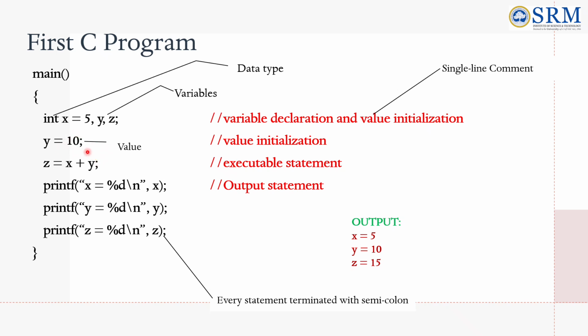Here we add two numbers and get the sum. Say 5 plus 10 added, we get 15 as answer, and this is stored in another variable named z. So to add two numbers and get the answer, we require three variables x, y, and z.